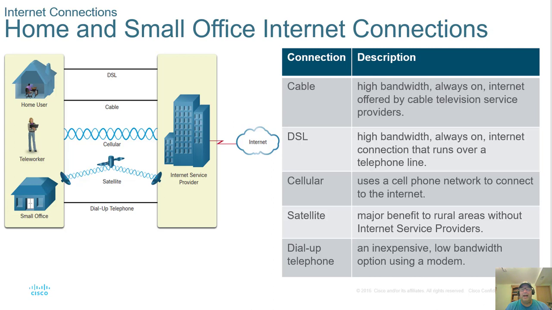And a DSL line is a high-speed connection that runs over the infrastructure of telephone lines. So a long time ago, Alexander Graham Bell created the telephone. And it worked out so good that everybody in the world wanted one. And he started a company called Bell Telephone.